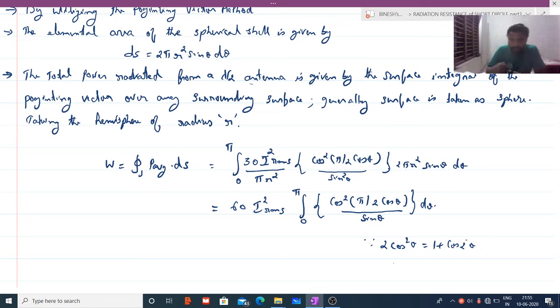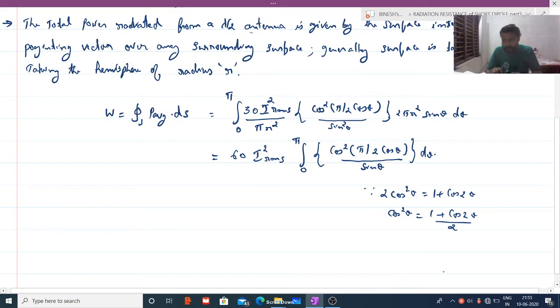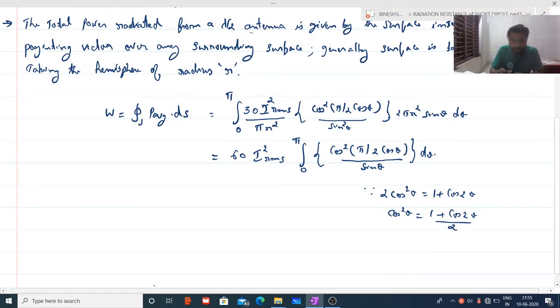So I will directly write W as 60 I square RMS integral 0 to pi of 1 by 2 into 1 plus cos 2 theta.